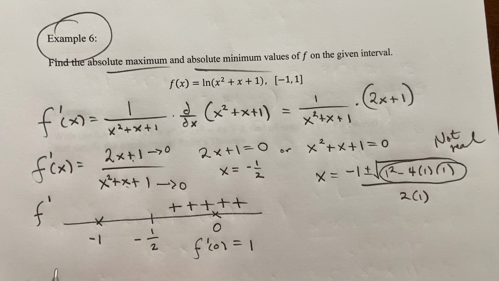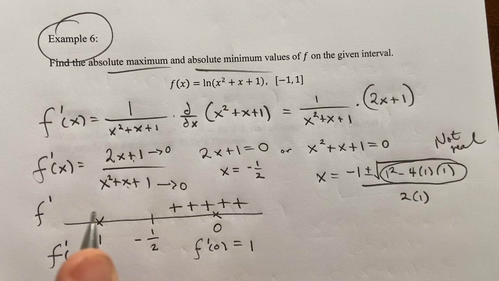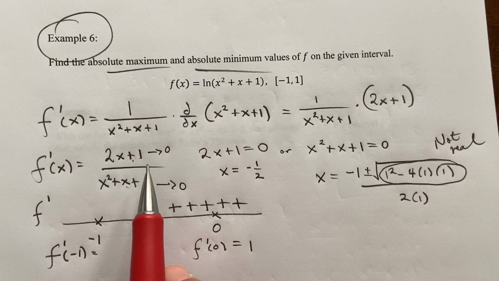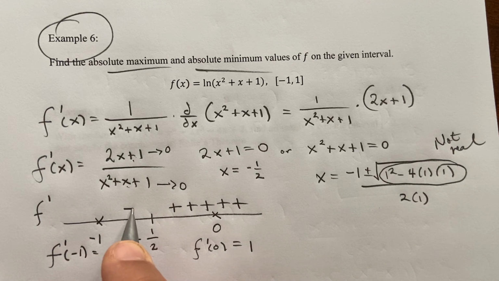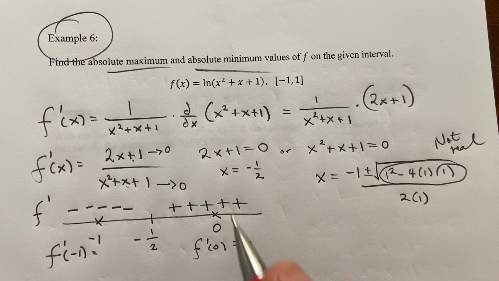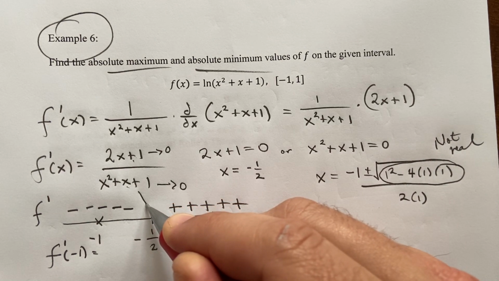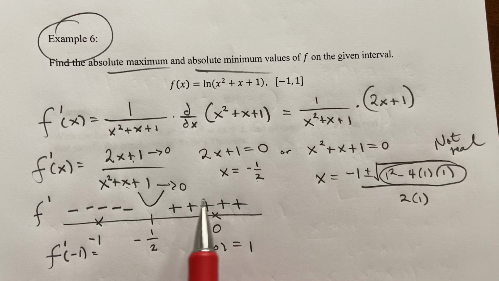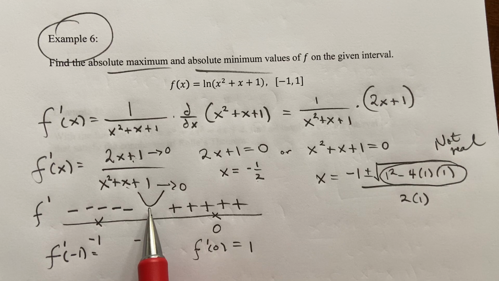Testing over here, f prime of -1, plugging in a -1 here, what do we get? It looks like a negative number. I don't even really care about the value, it's just the sign. So that means I have negative slope on the left, positive on the right. This critical number leads to some kind of min. So this perhaps is the absolute min.